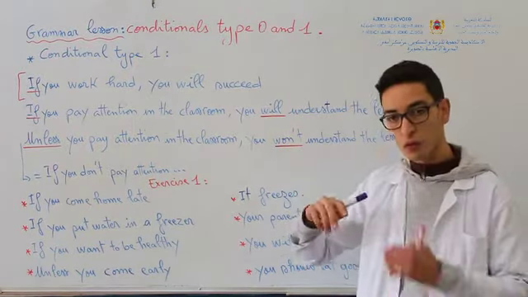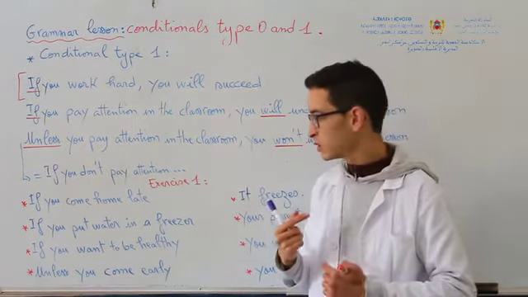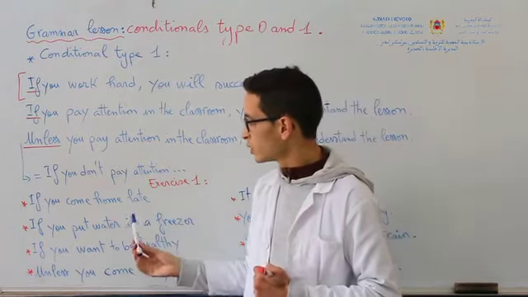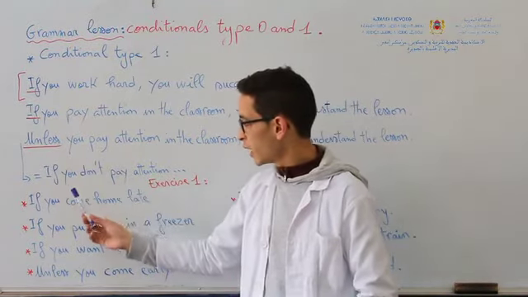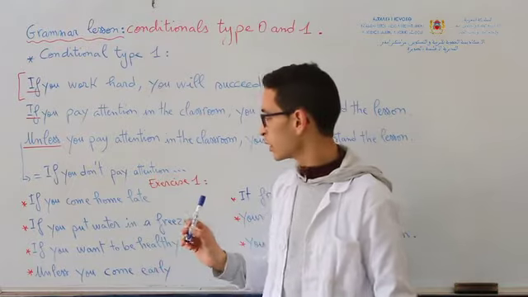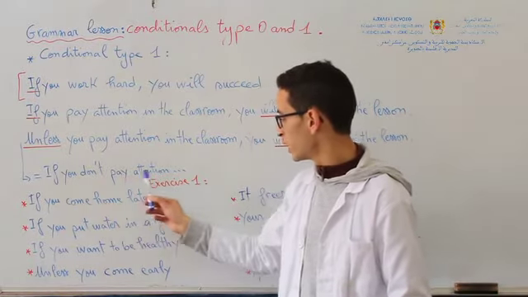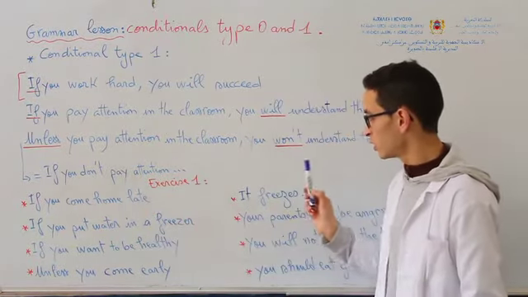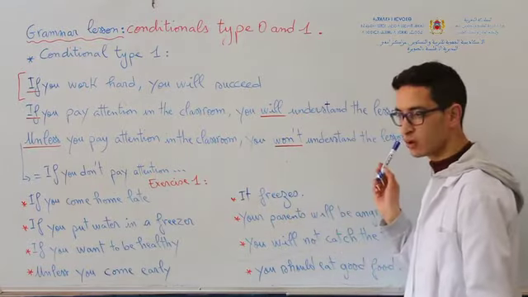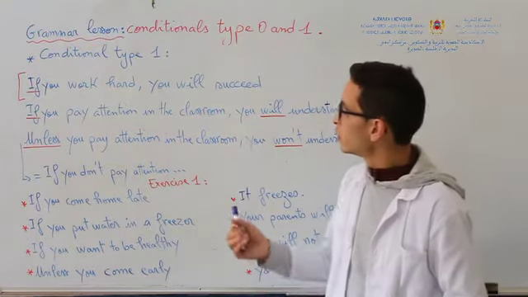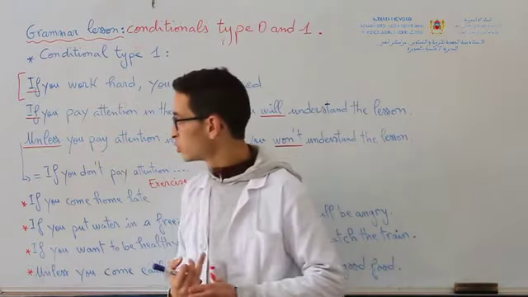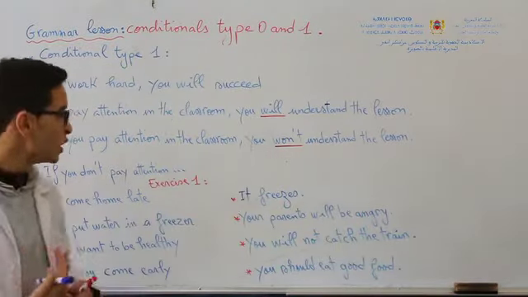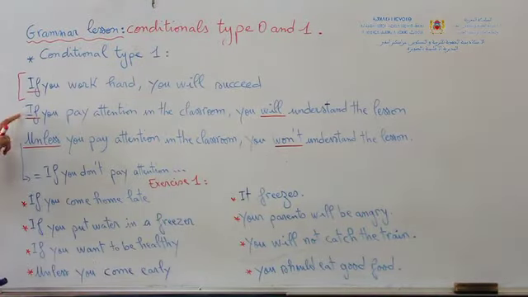So if we want to paraphrase this sentence, we can use it with if, and we will have a result like this: if you don't pay attention in the classroom, you won't understand the lesson. So when you want to talk about a condition, you can use the word if, and you can also use the word unless.